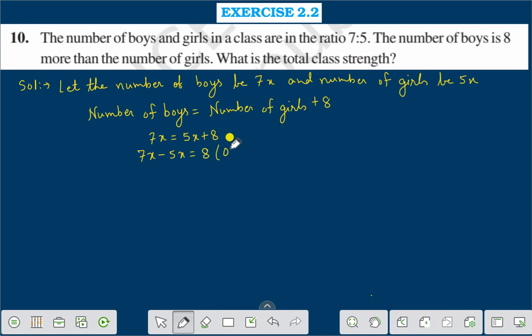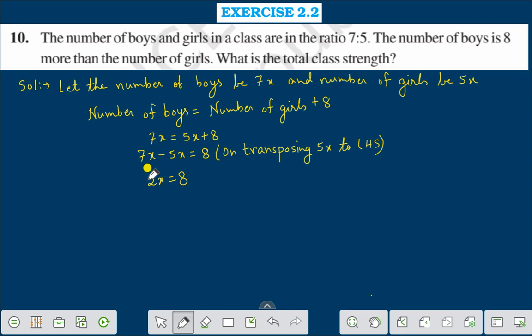That is, on transposing 5x to the left hand side, we are getting 7x minus 5x, that is 2x, is equal to 8.